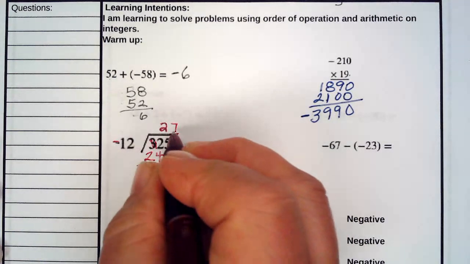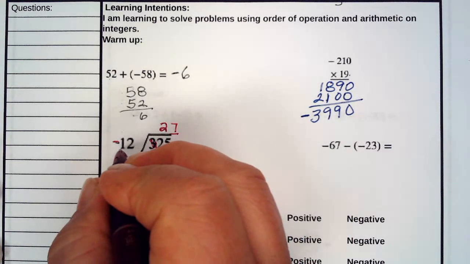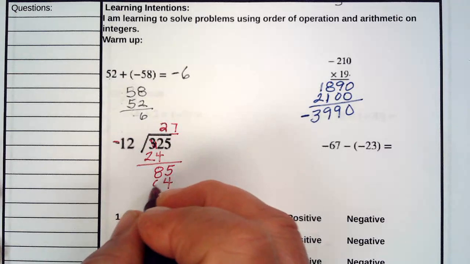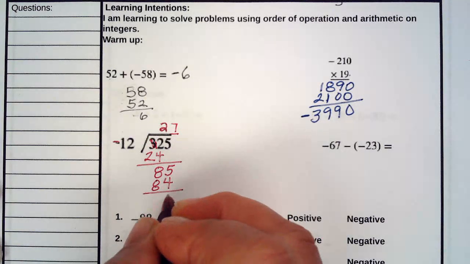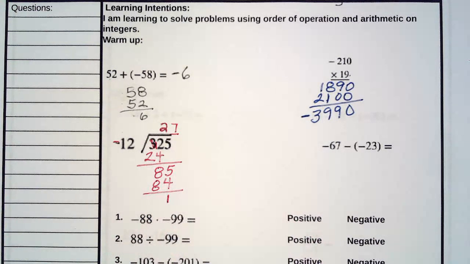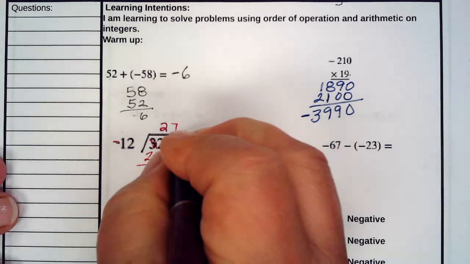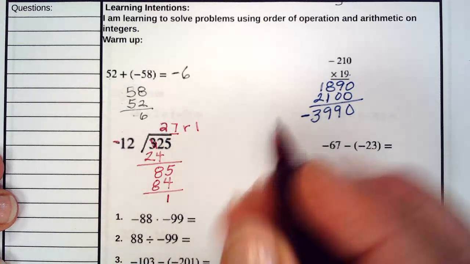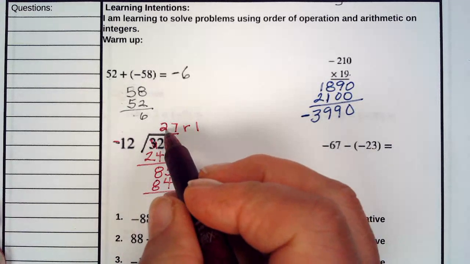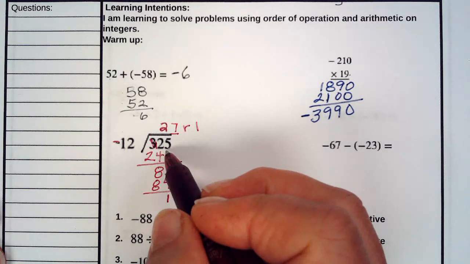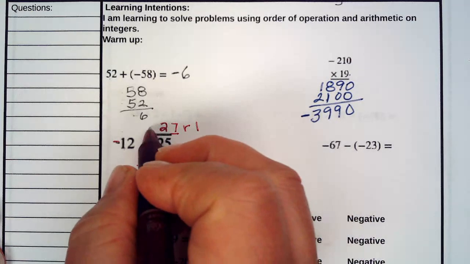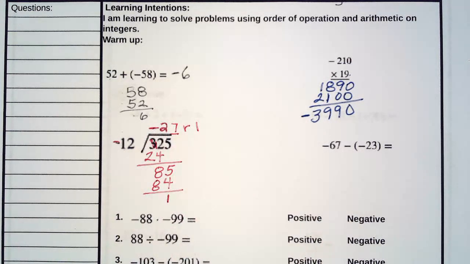Carry the 1. 7 times 1 is 7 plus 1 is 8. Uh-oh, what happened? Did we do it wrong? No, we just have a remainder. So we've got a remainder of 1. Now, positive times negative does not give me a positive, so I know this also has to be a negative. Remember, sometimes we do get those remainders.